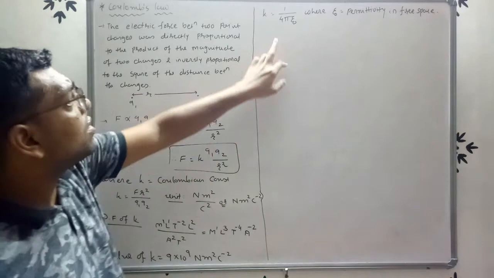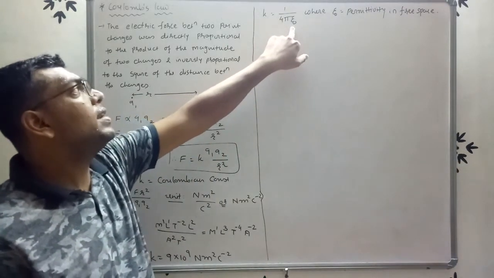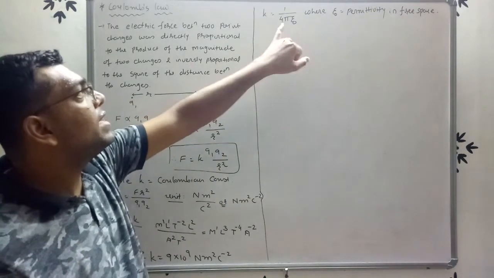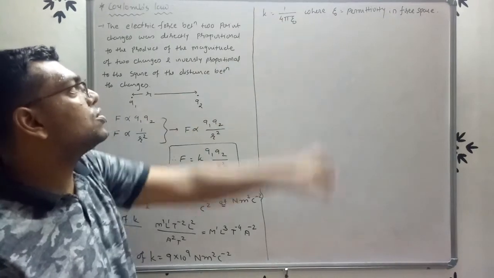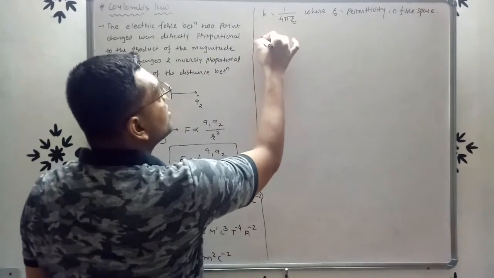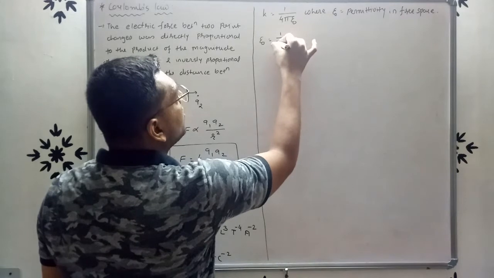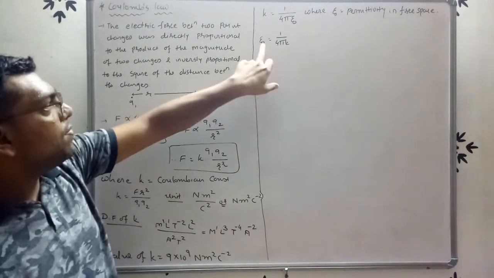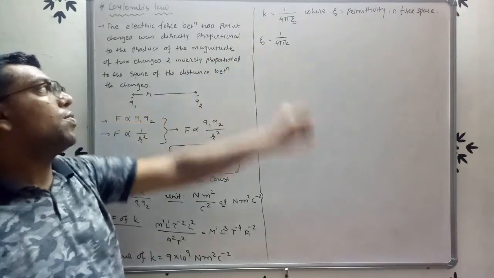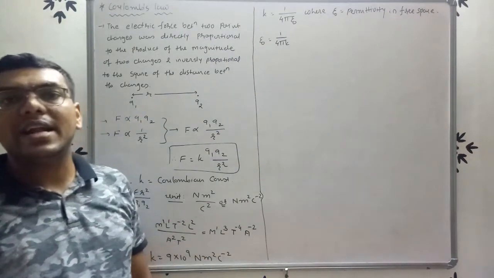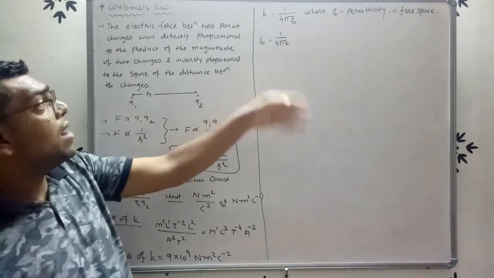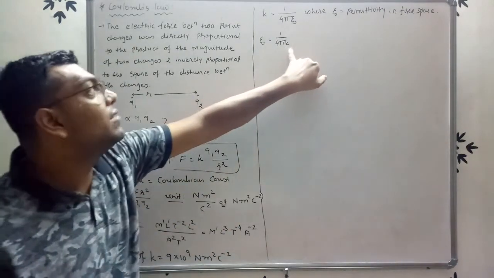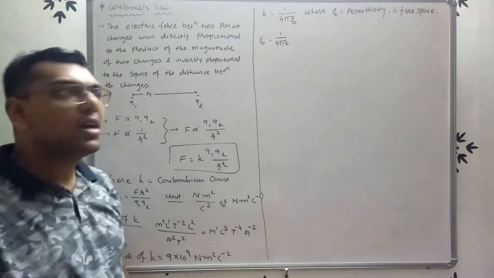If we want to find the unit and dimensional formula, we simply have to take the inverse of the Coulombian constant.